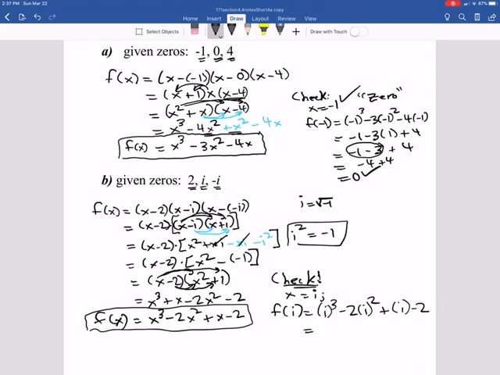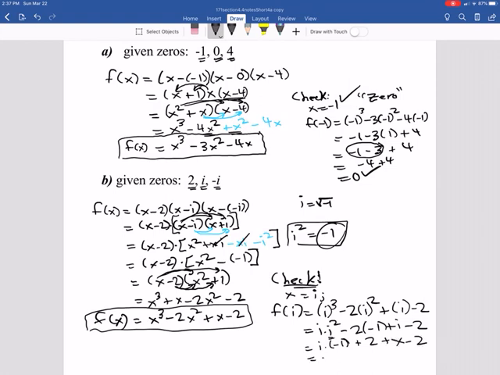Now, what's i cubed? Well, i cubed is i times i squared. And factor out an i, and then we can simplify with i squared. Remember, that equals negative 1. Minus 2 times i squared, that's minus 2 times negative 1, plus i minus 2. So we got i times negative 1, plus negative 2 times negative 1 is a plus 2, plus i minus 2.